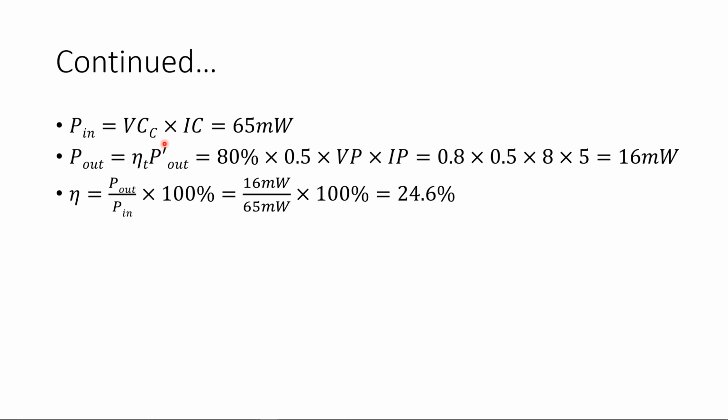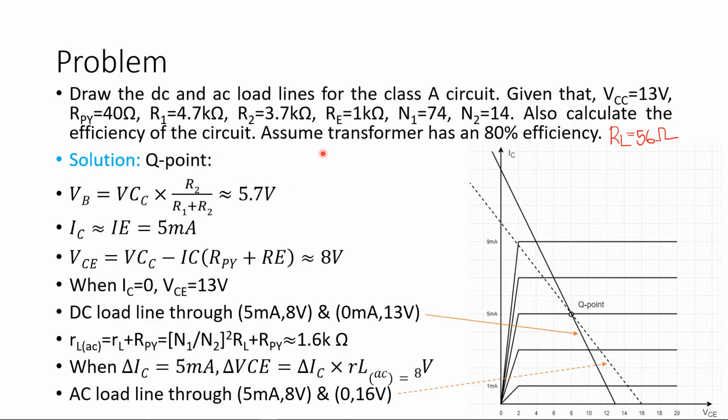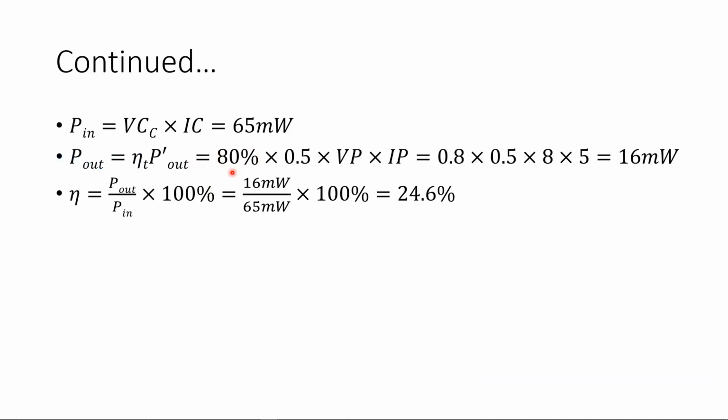The output power is the transformer efficiency times the output power dash. So what is this output power dash? The transformer efficiency was given as 80%, so we have written the transformer efficiency. Output power dash is the power without the transformer efficiency. It is not that difficult to calculate. It's half times Vp into Ip, where Vp is the peak voltage of the AC signal and Ip is the peak current of the AC signal.